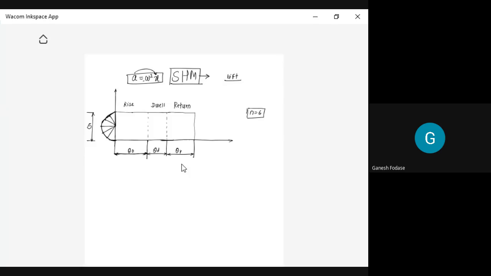As I have taken 6 parts for the semicircle, for the rise also I have to take 6 parts, and for the return also 6 parts. That means if the angle theta is given to you, divide that angle into 6 parts, and divide theta R also into 6 parts. So the first step I told you: draw a semicircle with diameter equal to the lift. The second step: divide that semicircle into n equal parts.